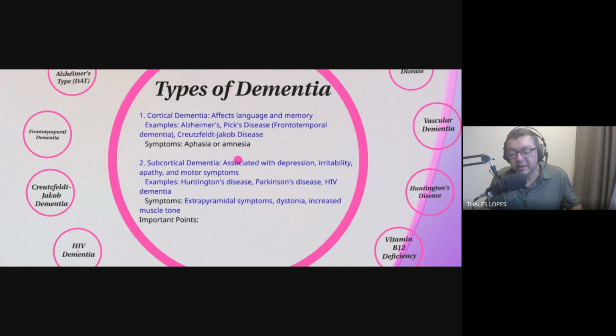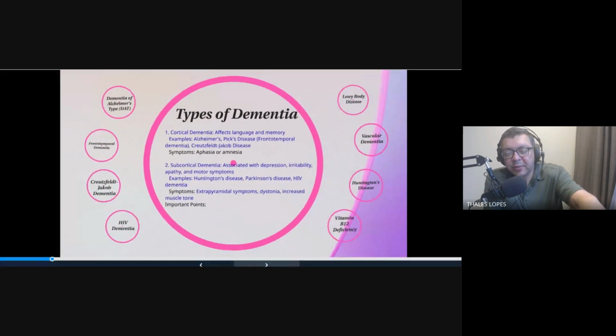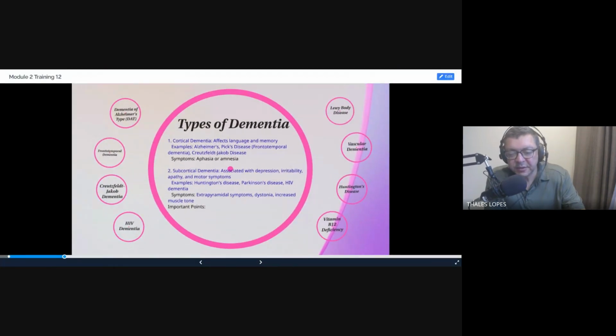I said disease, but dementia, right? The symptoms would be more of dystonia, so motor, right? Increased muscle tone. Other key points are depression-like symptoms, so sadness and so forth, okay?